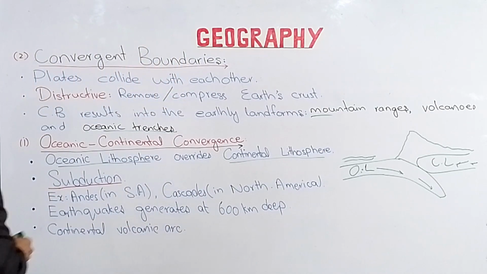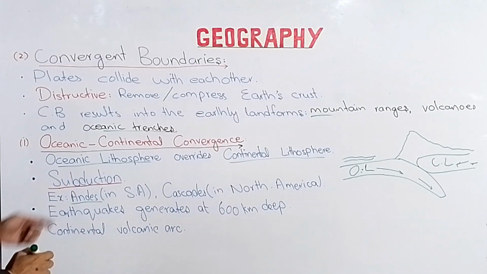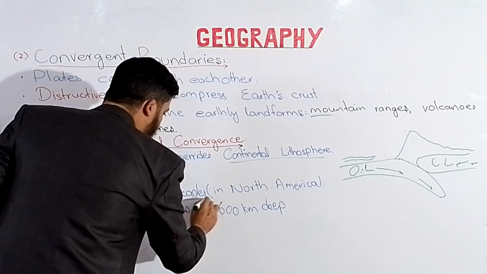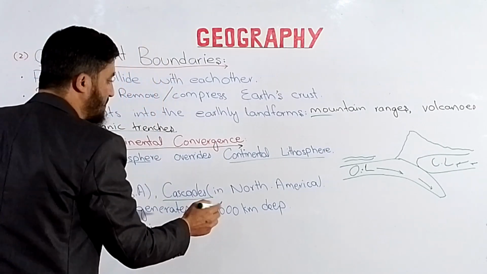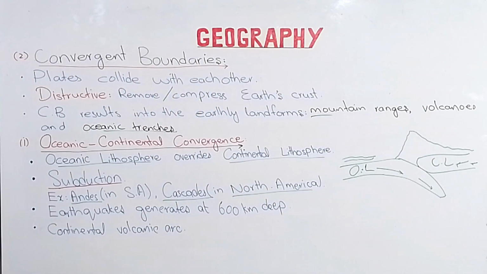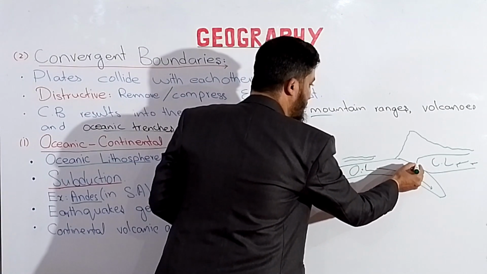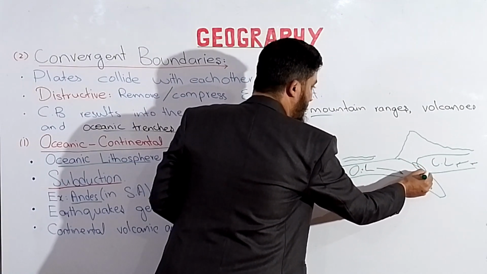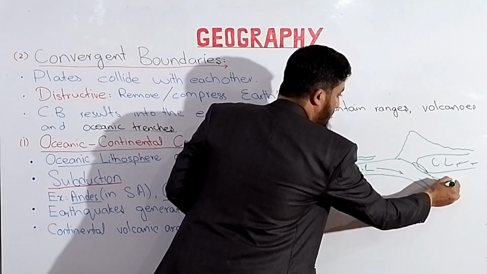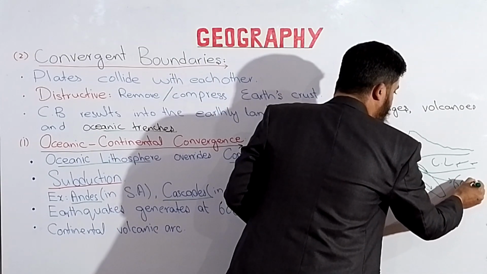For example, we have the Andes ranges. They are located in South America, and the Cascades range, they are located in northwestern America, known as North America. When earthquakes emerge over this region, when the plates touch one another, there occurs an earthquake which is deep, of about 600 kilometers.